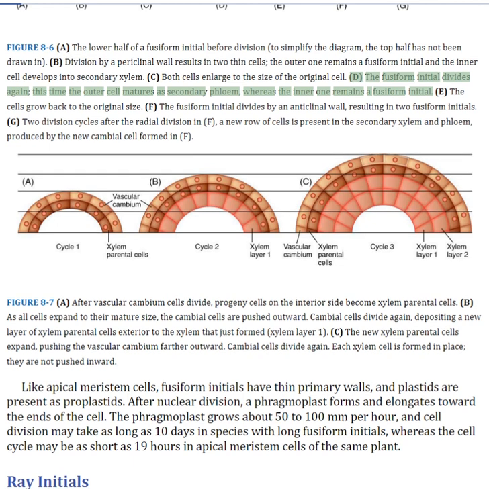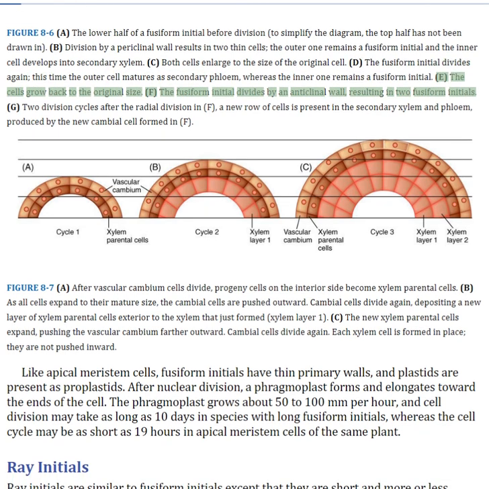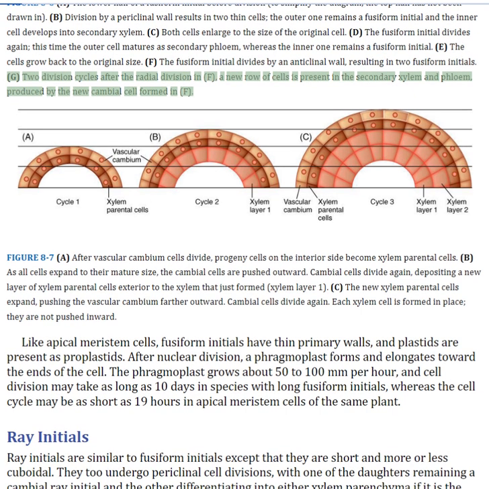The fusiform initial divides again. This time the outer cell matures as secondary phloem, whereas the inner one remains a fusiform initial. The cells grow back to the original size. The fusiform initial divides by an anticlinal wall, resulting in two fusiform initials. Two division cycles after the radial division, a new row of cells is present in the secondary xylem and phloem, produced by the new cambial cell formed in the radial division.